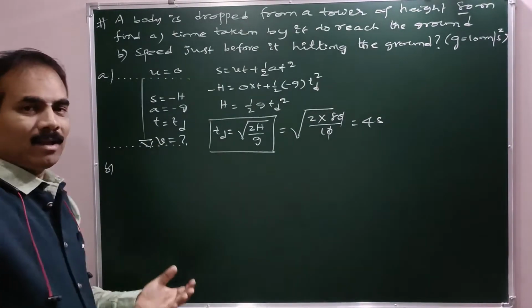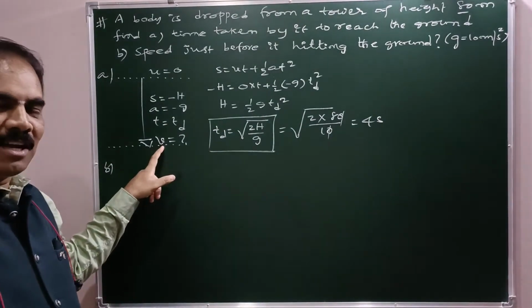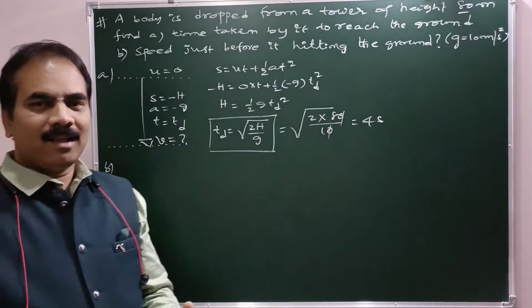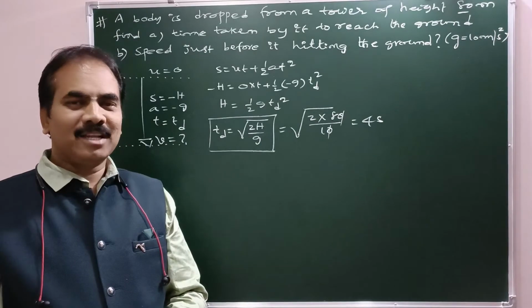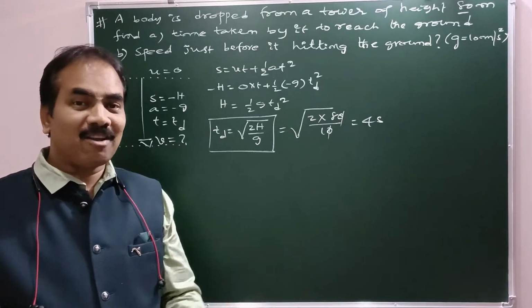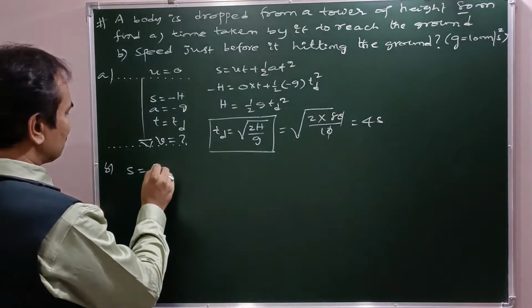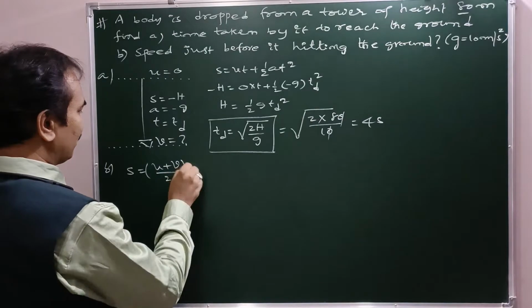Here we can find final velocity just before hitting the ground in 3 ways. First of all, when body is under uniform acceleration, we came across one relation, that is displacement equal to average velocity into time. Displacement equal to average velocity, u plus v by 2 into t, right?